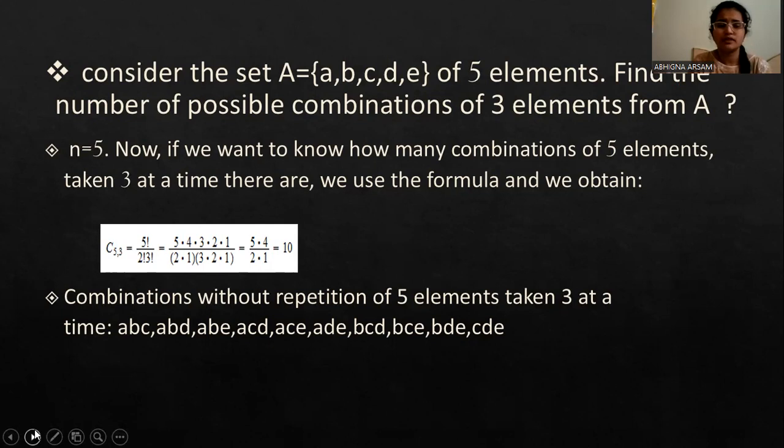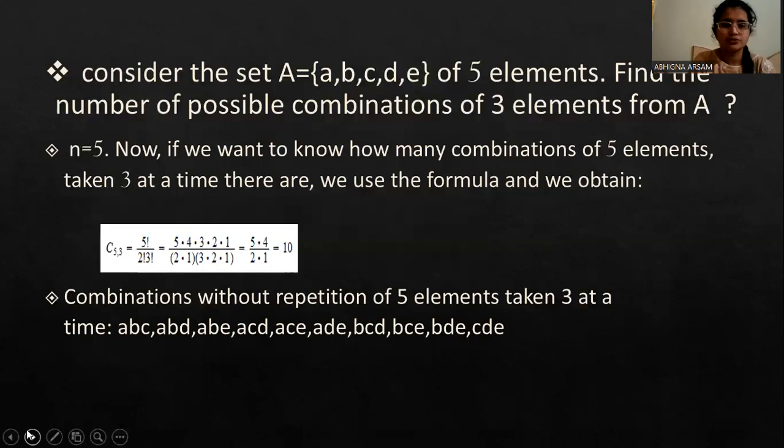From the formula, 5C3 is 5 factorial by (5 minus 3) factorial, that is 2 factorial, times r factorial, that is 3 factorial. At last we get 10 combinations: ABC, ABD, ABE, and so on. If you observe here, no combination is repeated.